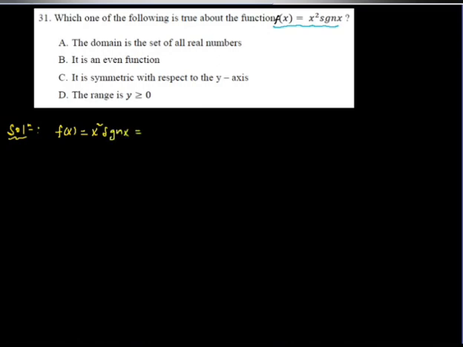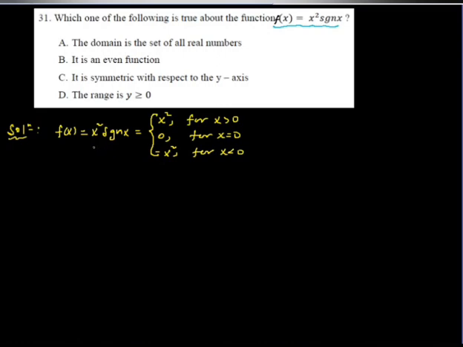We can rewrite this as x squared for x greater than 0, 0 for x equal to 0, and minus x squared for x negative.